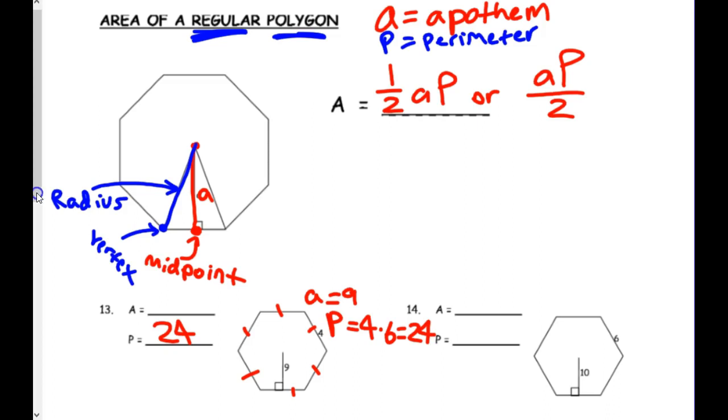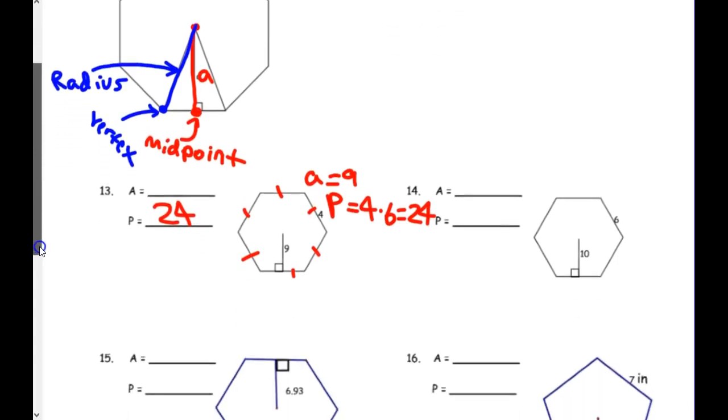So now all I have to do is multiply the apothem times the perimeter, right? So area, big A, equals little a, 9, times P, perimeter, 24, divided by 2. All right, what is 9 times 24 divided by 2? 108. Now, there's supposed to be units, and the units will be squared for area, and the units will not be squared for perimeter, okay?